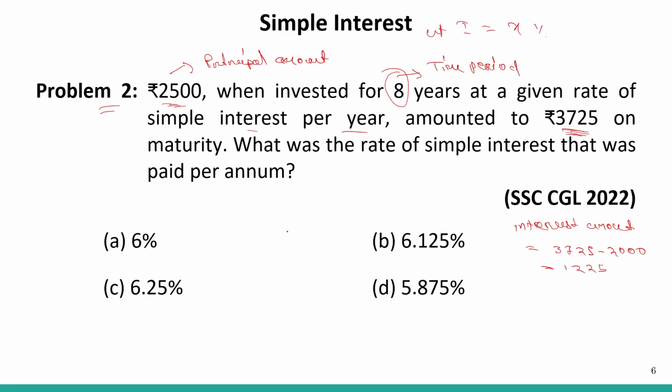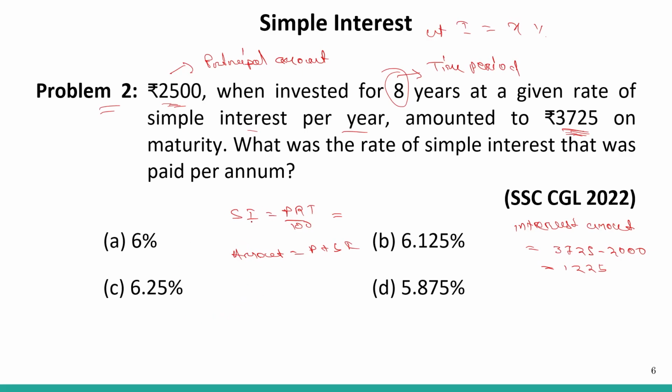So simple interest is equal to what? SI is equal to PRT by 100, when R is in percentage. And amount is equal to P plus SI, right? So let's use the formula and solve it down.